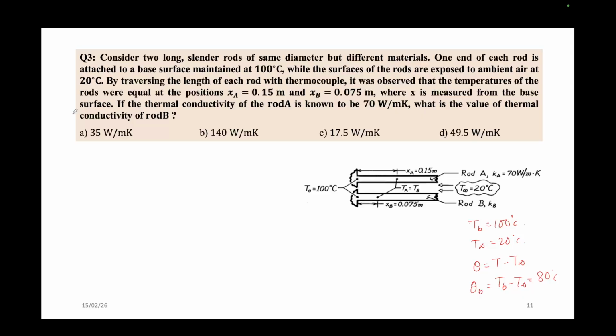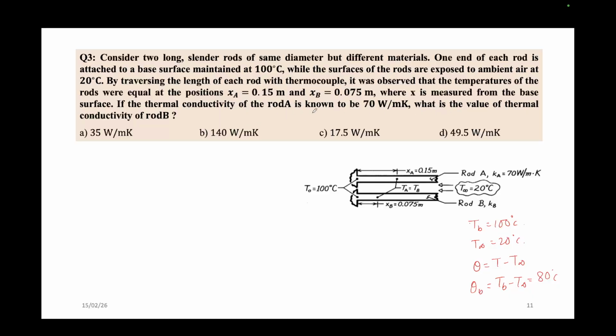So now the question is that both are exposed to the same ambient temperature. In both the cases, the theta b should be the same. Now at x_A and at x_B, the temperatures are the same.